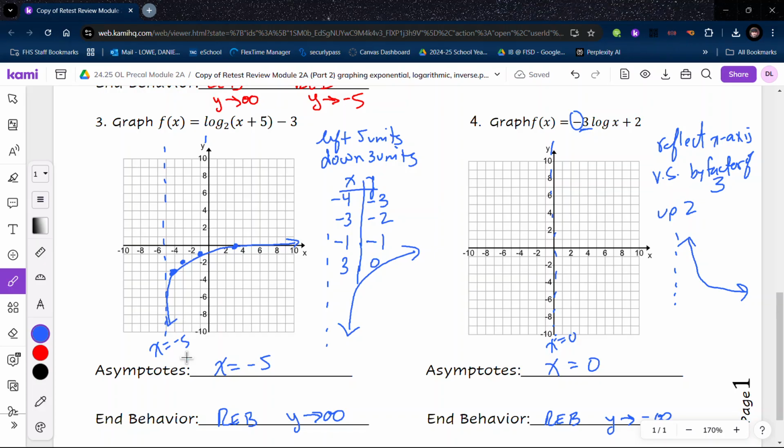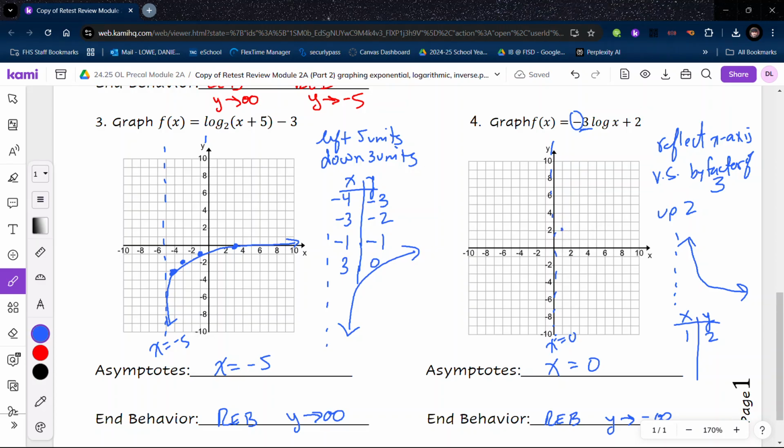Okay, and if I look to the next graph, I can do the same thing, thinking about, hey, what are some x, y coordinate points to try out? So if I had 1, log of 1 is 0, times -3 is 0, plus 2, so now I have the point (1, 2).